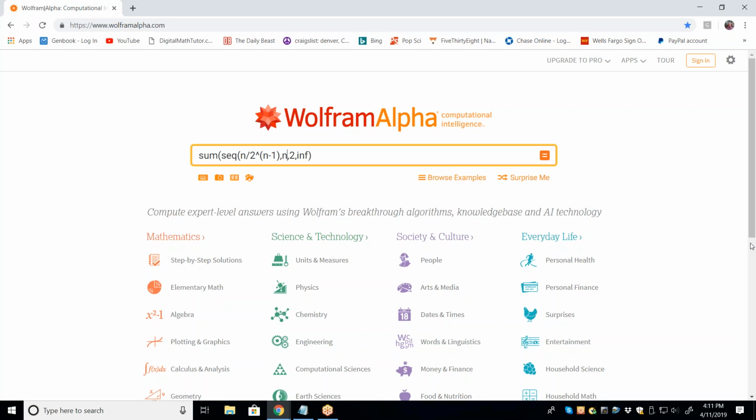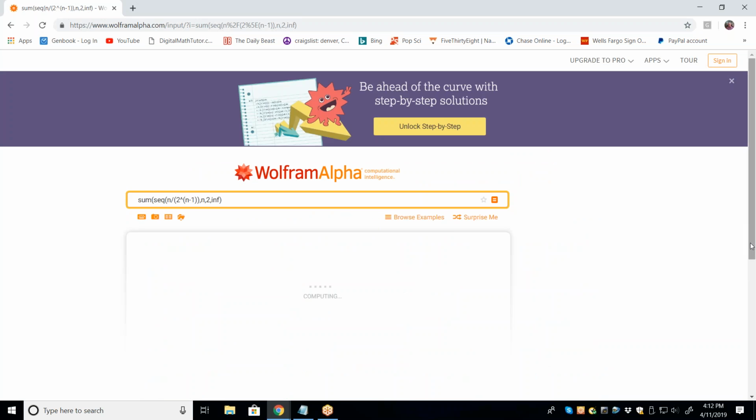I need parentheses around that whole thing. The beauty of Wolfram Alpha is that after I try to put it in with all these parentheses, it's going to show me what I've put in. And your calculator doesn't do that unless you have an Inspire.